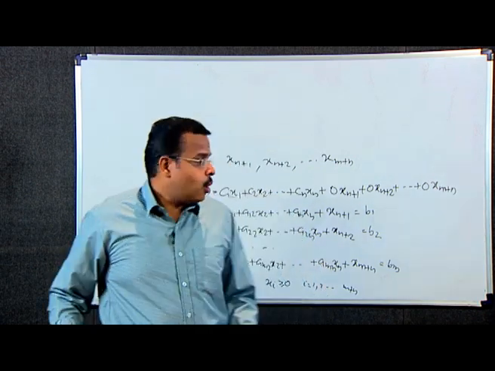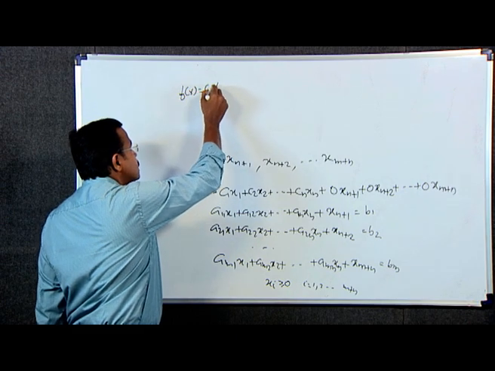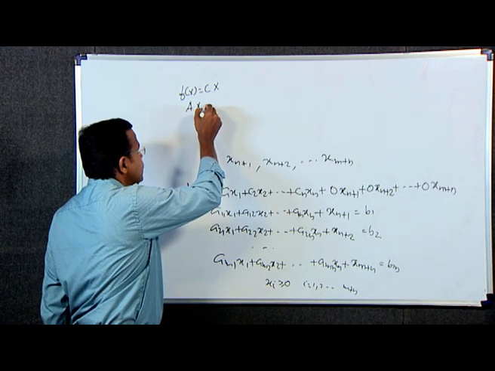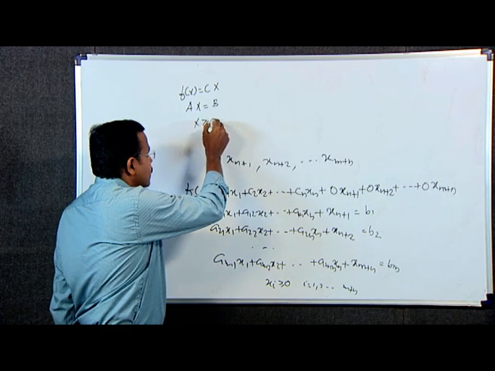That is, in matrix form, optimize f(x) = cx subject to Ax = b where x is greater than or equal to 0.